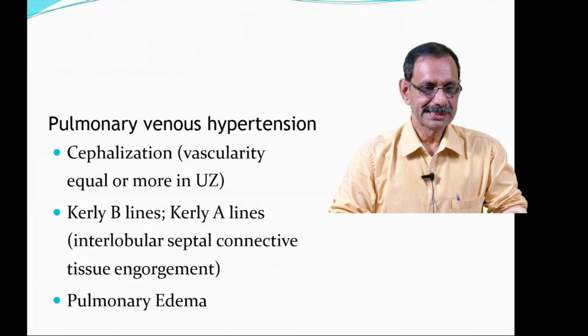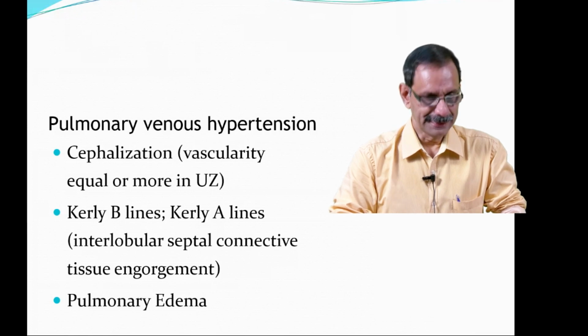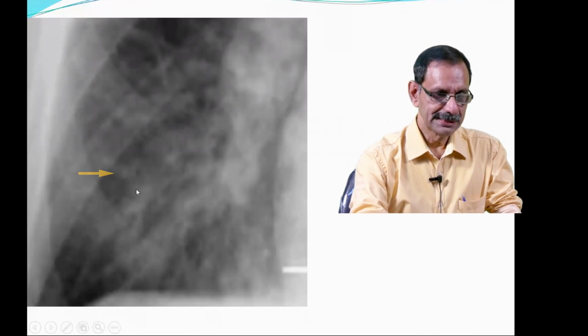Then you have the Kerley B line, Kerley A line, etc. These are actually interlobular septal connective tissue engorgement. And lastly, pulmonary edema. We will come to one by one. This is the so-called septal lines. See, there are lines from hila going slanting lines.